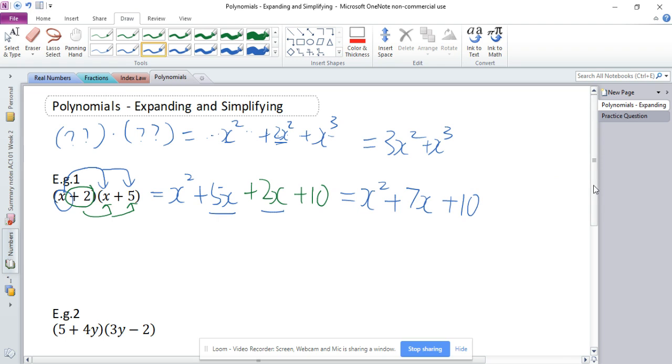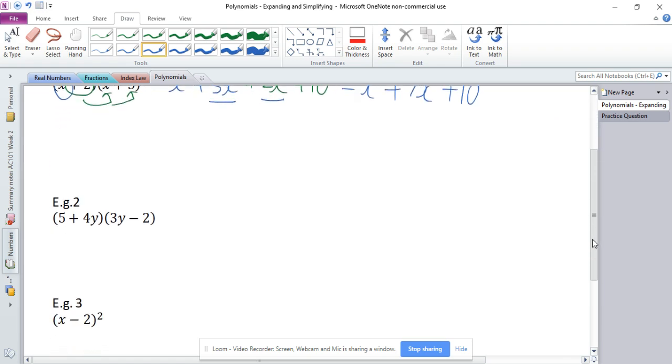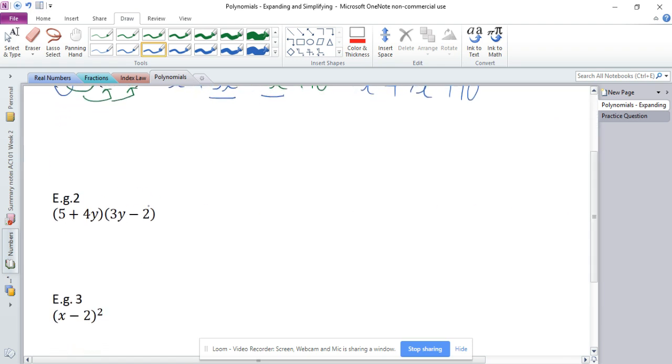Okay, let's look at the other questions. The same thing. First, the first term from the first bracket, you times in here. So 5 times 3 is 15y, and 5 times 2 is 10.